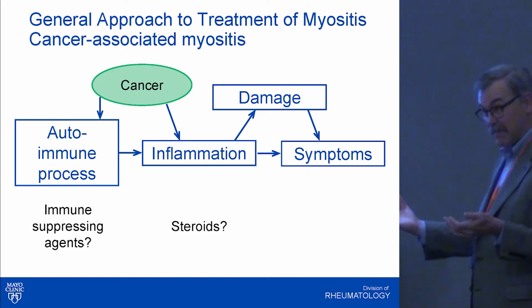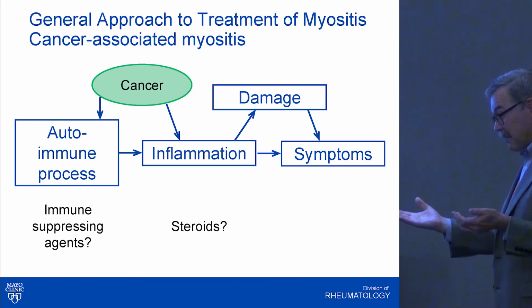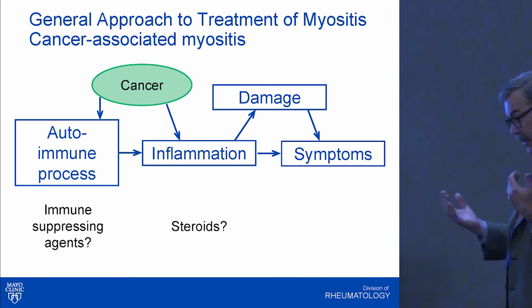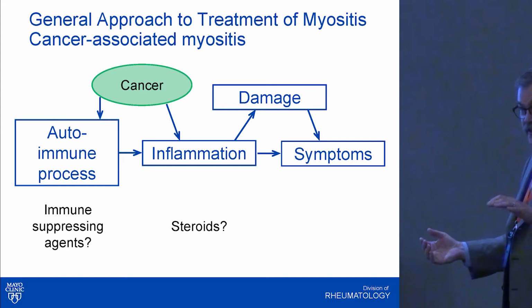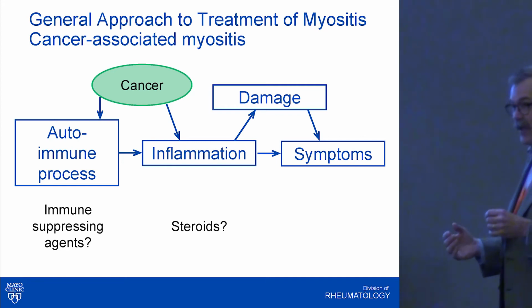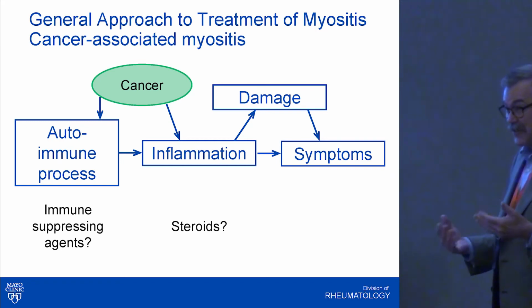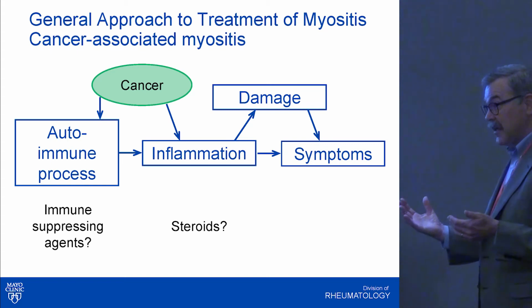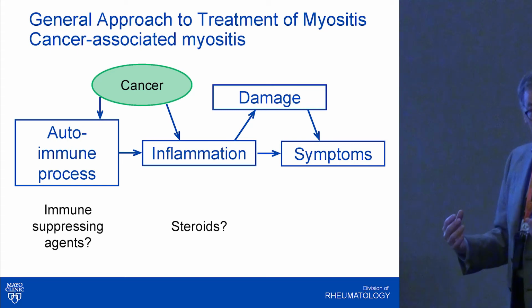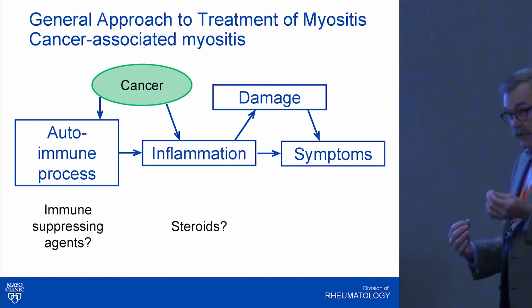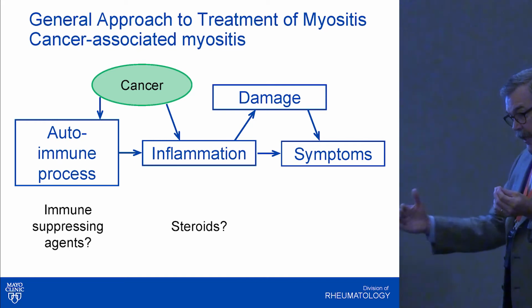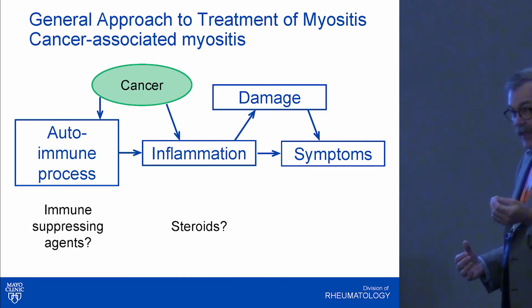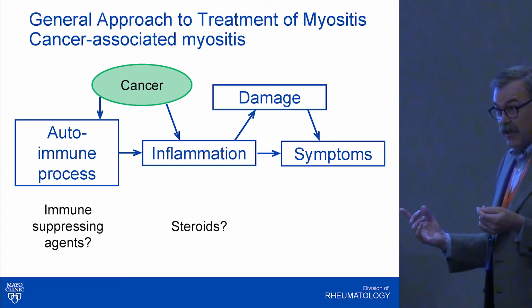I've seen a patient with ovarian cancer and dermatomyositis, had the cancer treated, and the myositis went away, for as long as I followed her at least. So is it that the cancer was the trigger of the immune system, treat the cancer and the myositis gets better? That does occur.